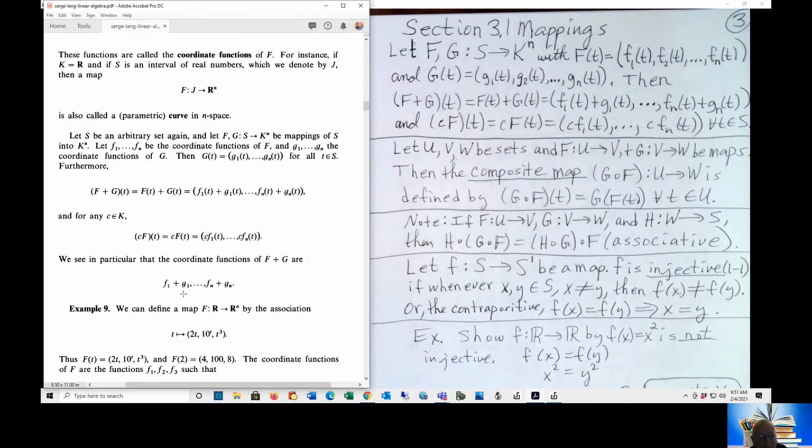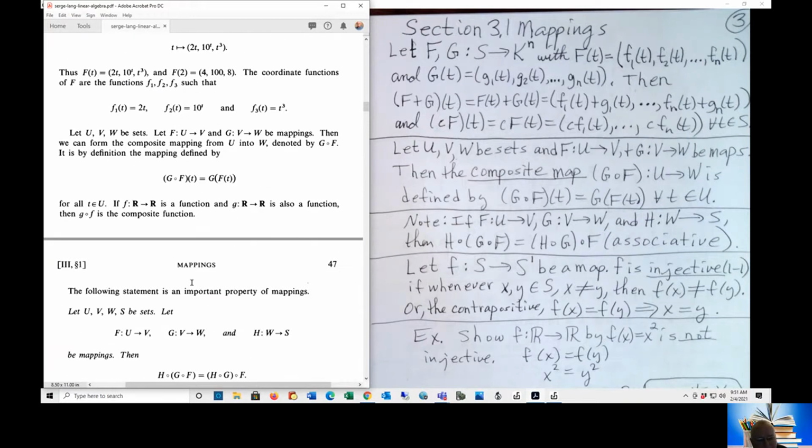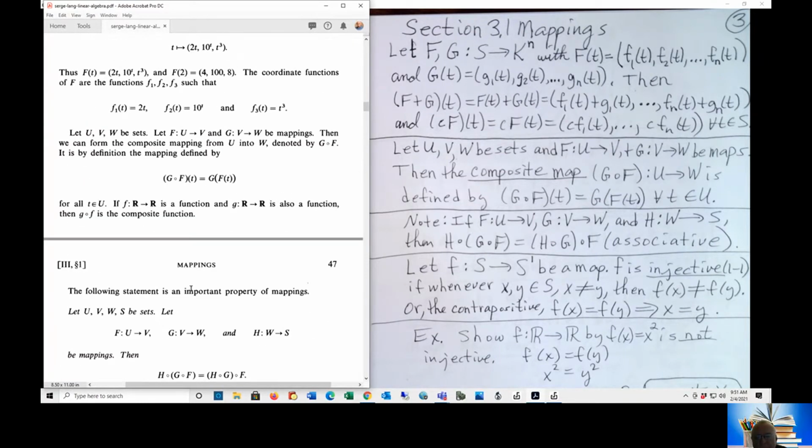Okay, next, the main thing we're going to need is composition mappings. Of course, your first introduction to composition of functions is in college algebra. So let's take three sets. Let U, V, and W be sets. Let capital F go from U to V and capital G go from V to W be mappings.